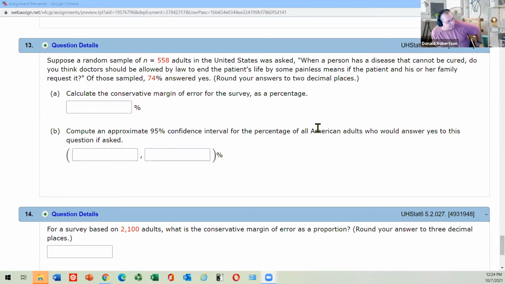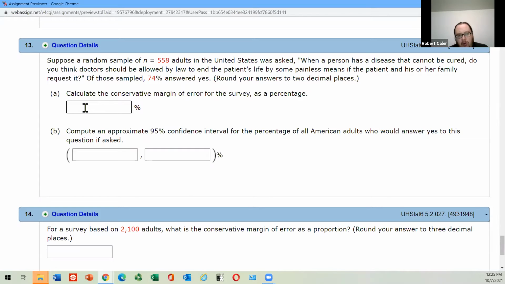On this sample, 74% said yes. Okay, and it asks us to calculate the conservative margin of error, right? So that's the guy that goes there. What would my calculation be to get in this particular data set? 1 over the square root of 558 times 100%.